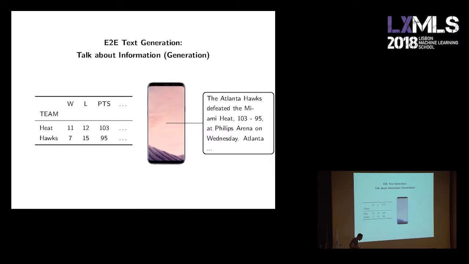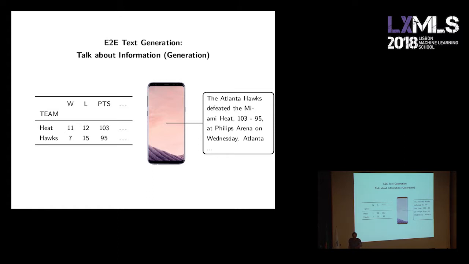OK, so the real problem I want to talk about today is data to text generation. Here, instead of being given a kind of arbitrary data input, we're given a table of structured data. And what we'd like to do is produce output for this structured data itself.